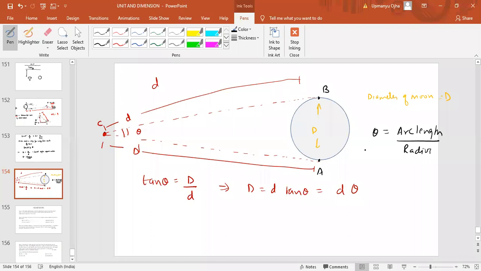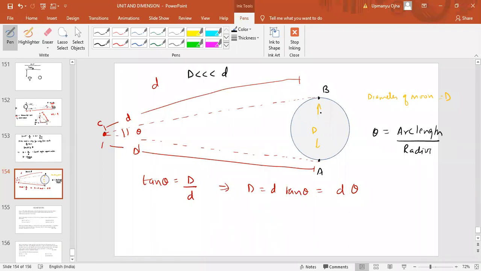This capital D is very, very small as compared to small d, which is the distance between the moon and the earth. Now if this case is there, can you say theta is equal to arc length by radius? What is the arc length?